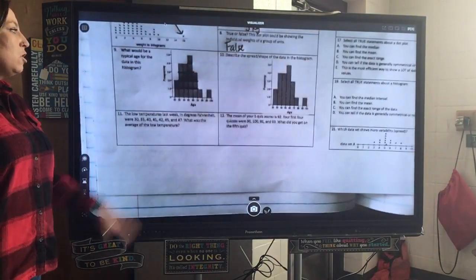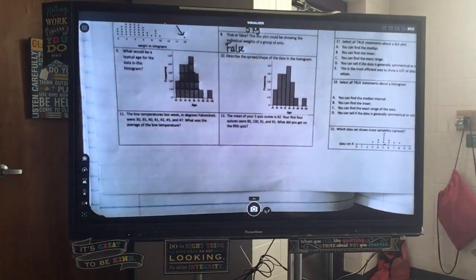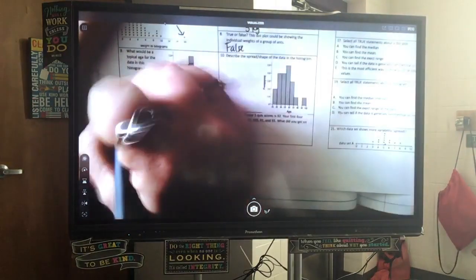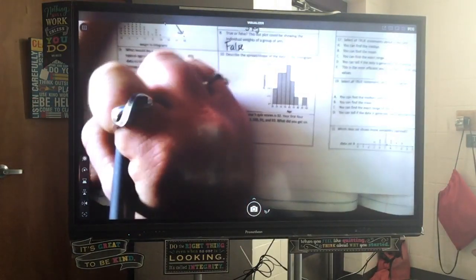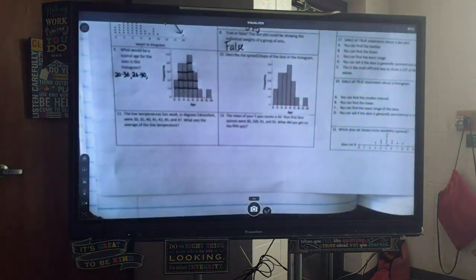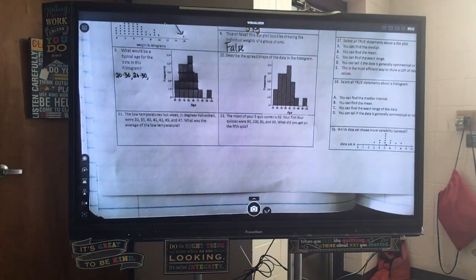So for the age range of 20 to 30, you would do 20 to 30, 20 to 30. Why would we do 2 of those ranges? What is our frequency telling us? Because it has 2 frequencies.